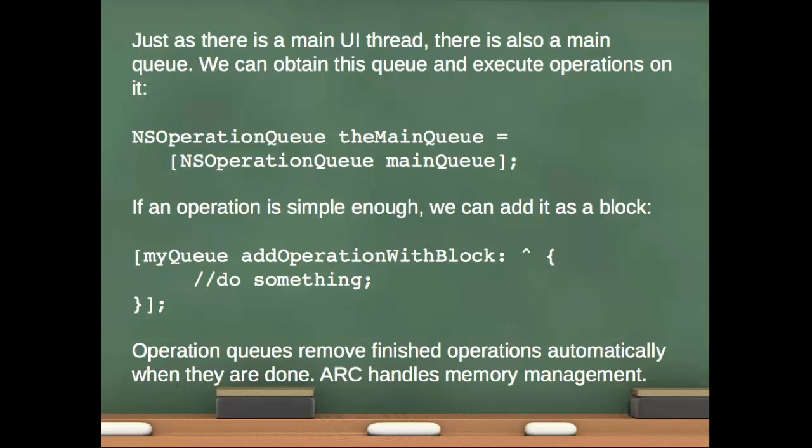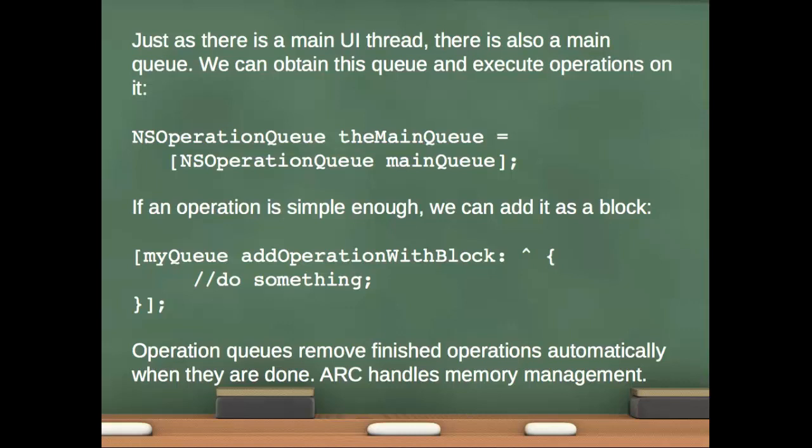By the way, operation queues will automatically remove their operations once they're done. So we don't have to worry about a queue full of operations just sitting out there waiting to be collected. Automatic reference counting handles that collection and the memory management.